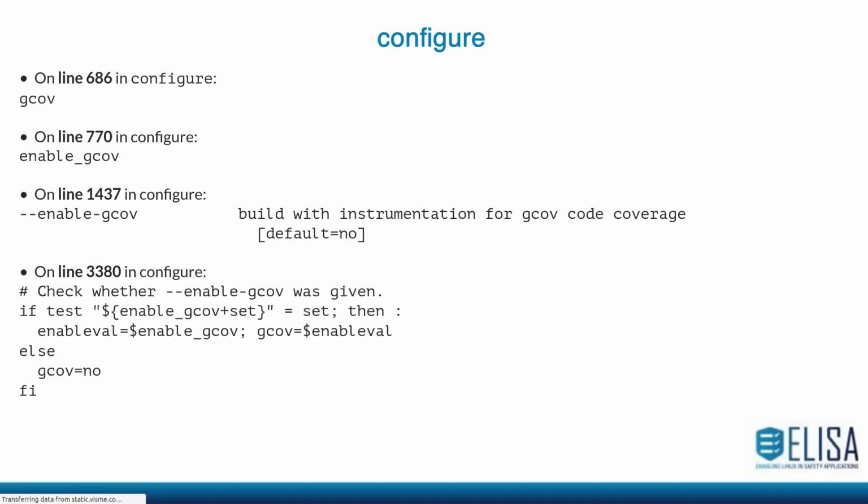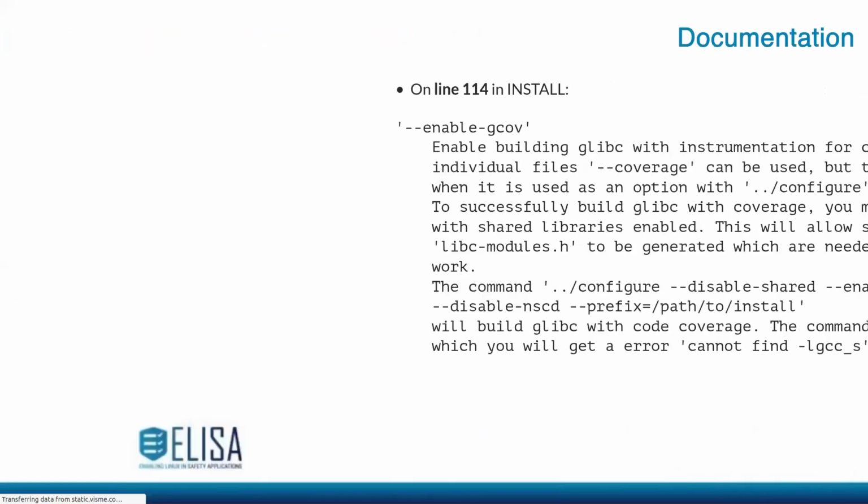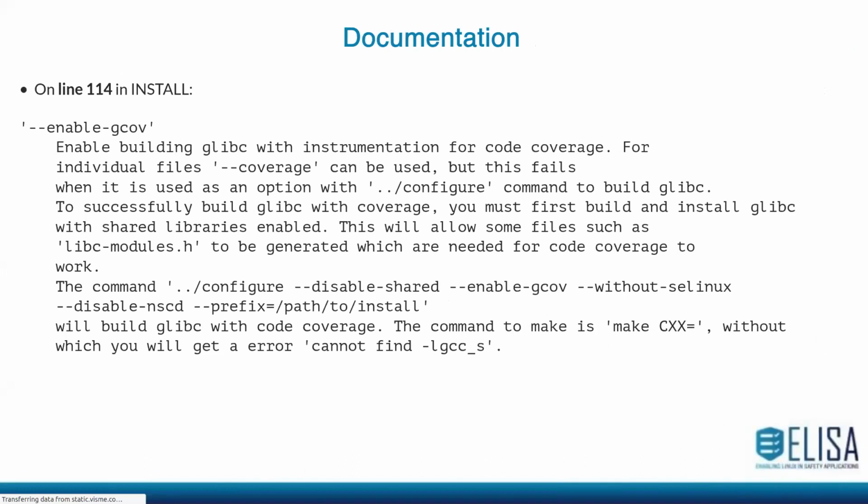If the option was given, then we redirect it to the make config file, or else we don't do anything. And then finally there's the documentation that we included with the patch. So if you don't want to use -fprofile-arcs -ftest-coverage, you can use --coverage, but it fails with configure.